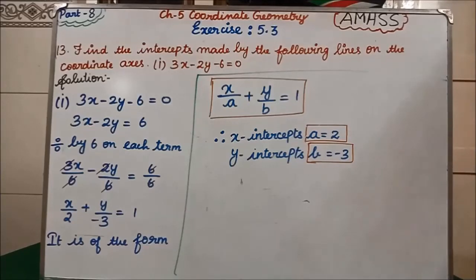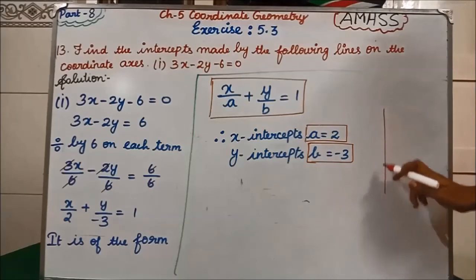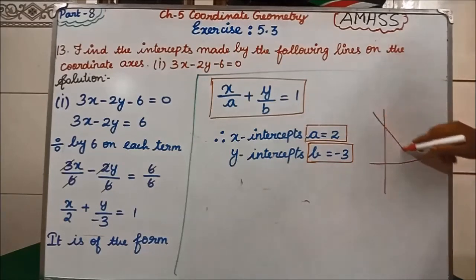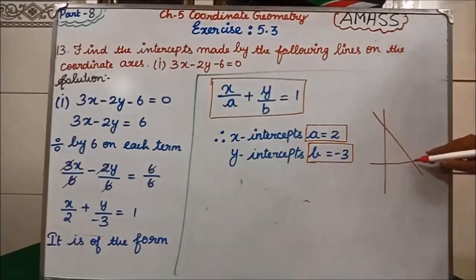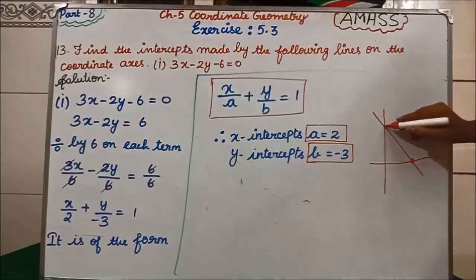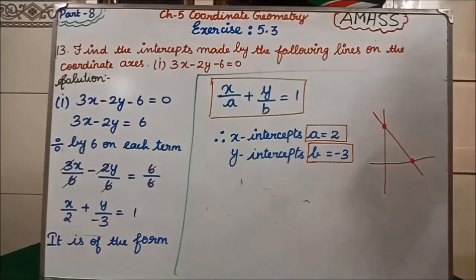Here, between the 12th question and 13th question there is only a small difference. In the 12th question, they have given the intercepts, which means the x intercept and y intercept were given in the question, and we found the equation, isn't it?